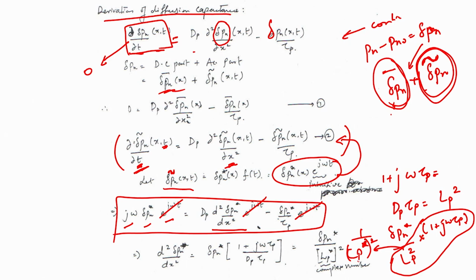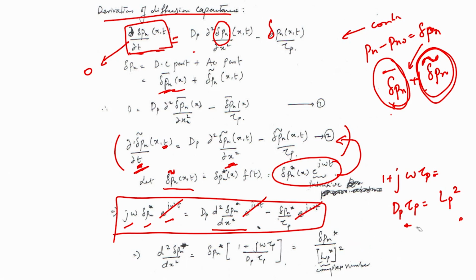So that's our mathematical construct, and we are doing it in order to get a differential equation that's very familiar, which is d square delta Pn by dx square is equal to delta Pn star by Lp star square. Lp star is a complex number. It is in fact the square root of this complex number, if you wish, the square root of this particular term.